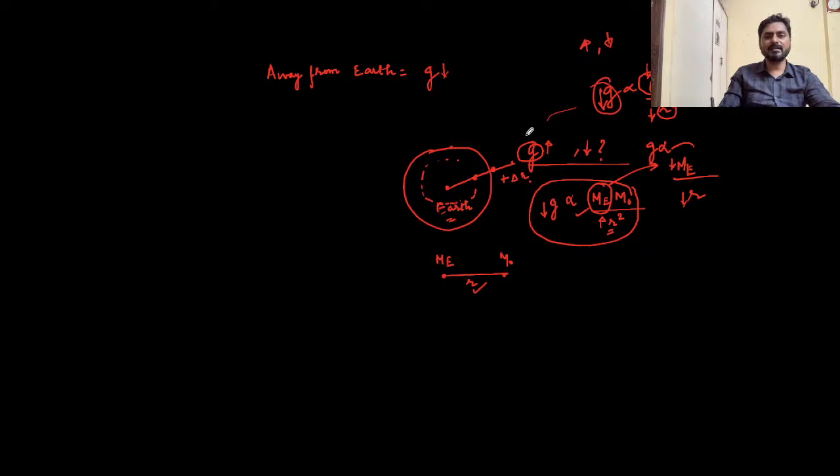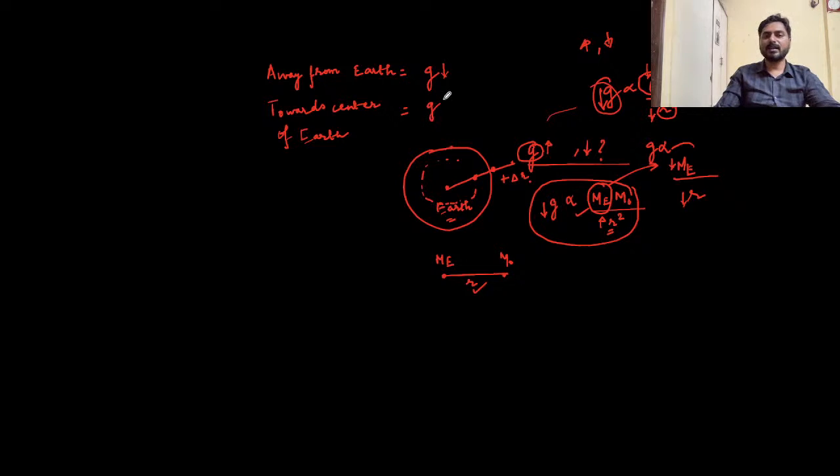Why is g decreasing? Because you are increasing the distance between the center of the Earth and the object. And the value of g is also decreasing when you are moving towards the center of Earth. So that logic, that since R is decreasing, gravity should increase, doesn't hold.